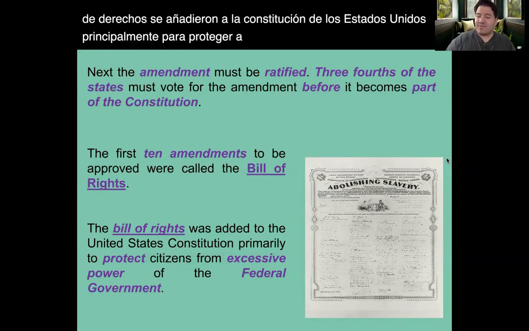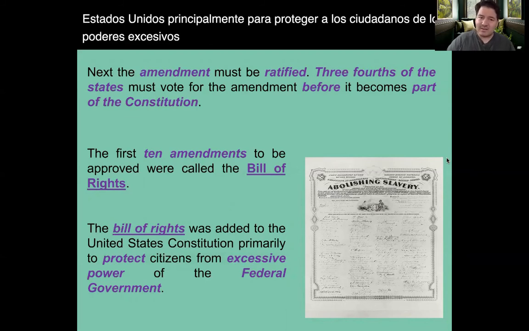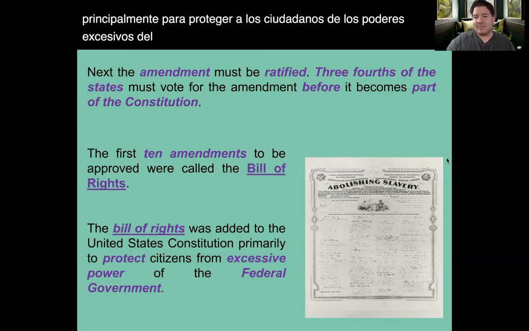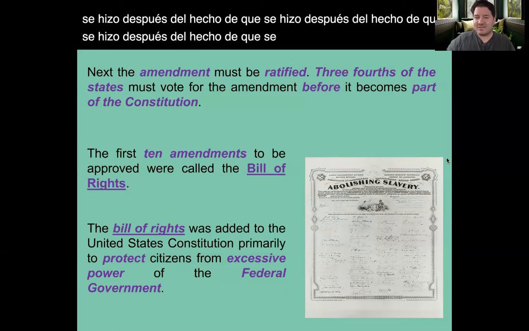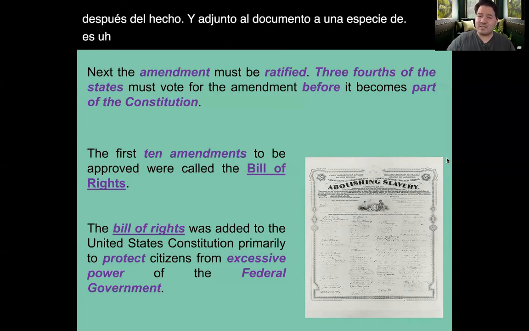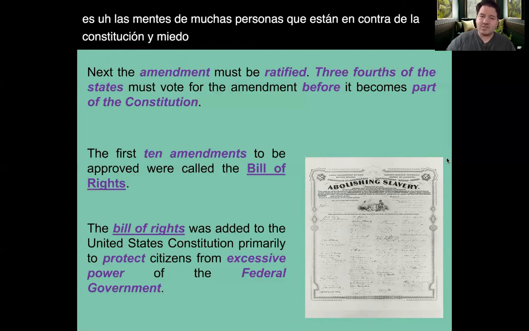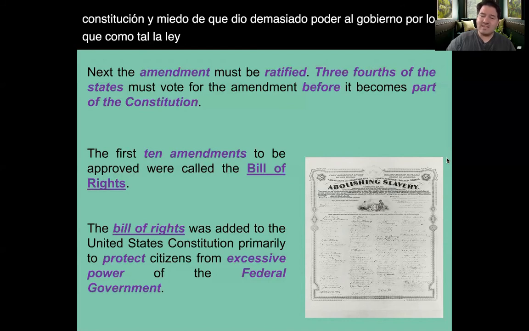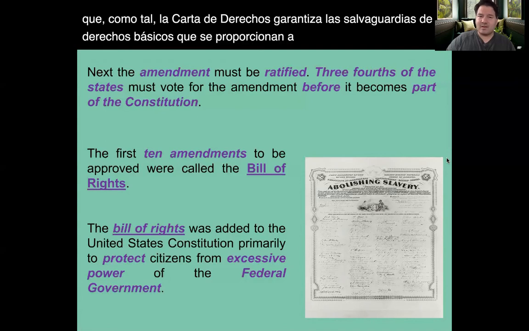It was made after the fact and attached to the document to kind of ease the minds of many people who were against the Constitution and scared that it gave too much power to the government. So, as such, the Bill of Rights guarantees those safeguards of basic rights that are provided to individual students, protecting them from the government.